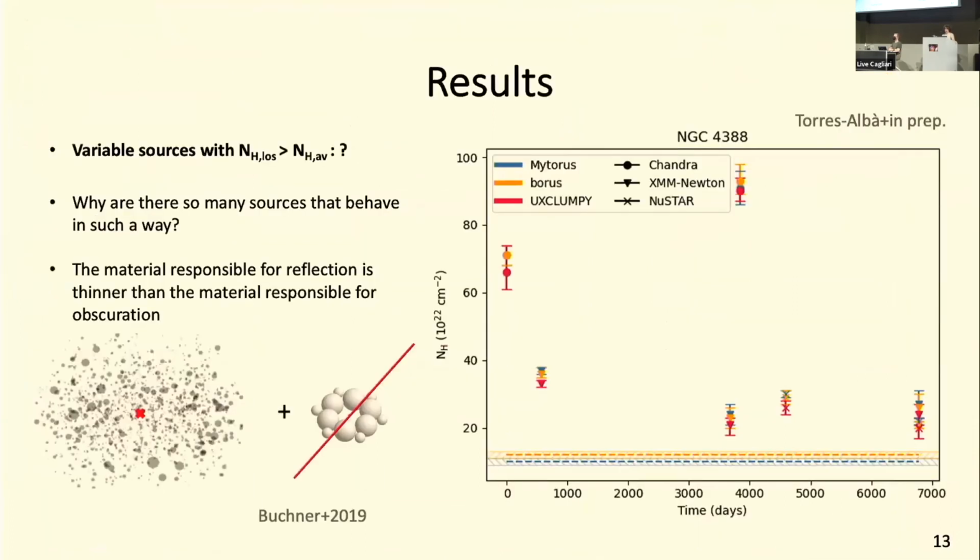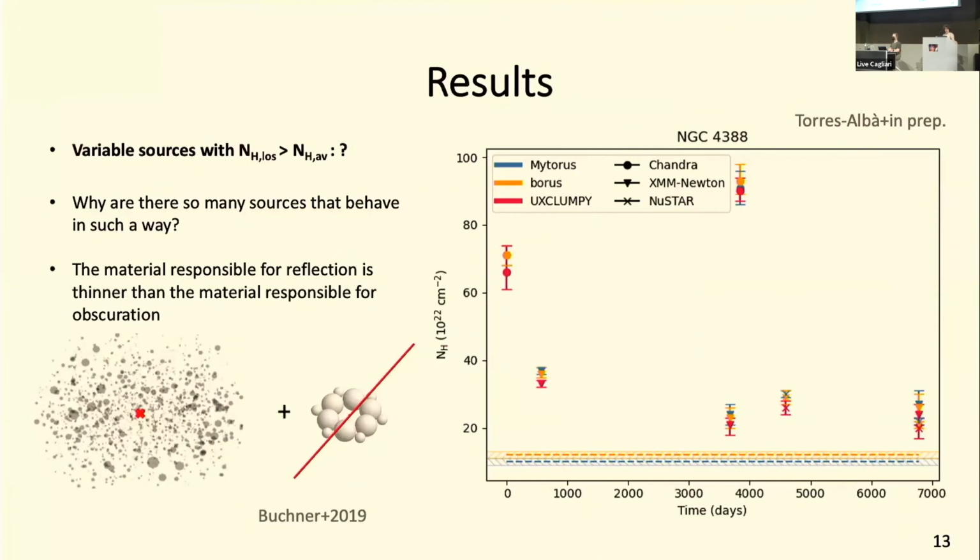For example, I'm showing here the nicest source that we have, the nicest data. And as you can see, there's an important variability in these sources. All of them do not match the average torus NH. The only ones that match the average torus NH were sources that were not showing variability.